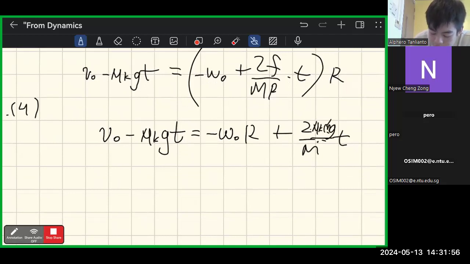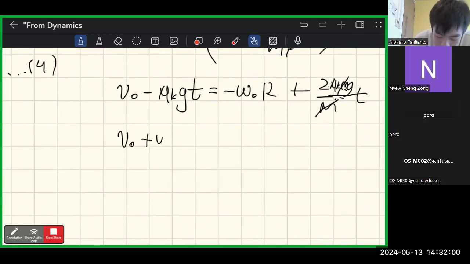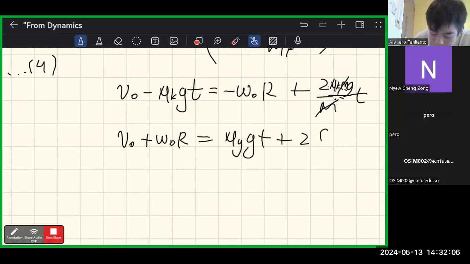mg. So the m can be cancelled out. So V naught plus omega naught R equals mu k g t plus 2 mu k g t. This is not mu g, it's mu k.